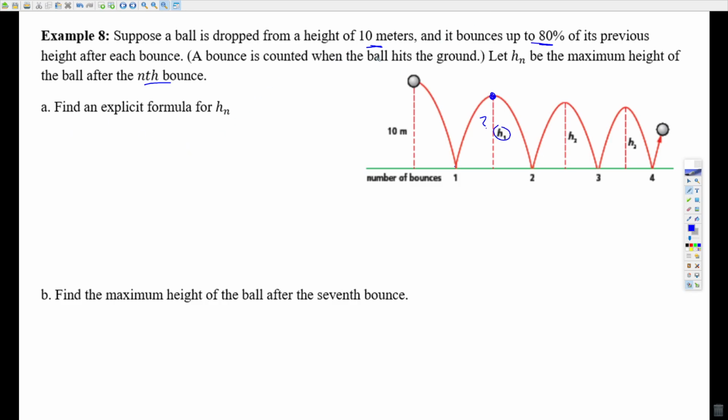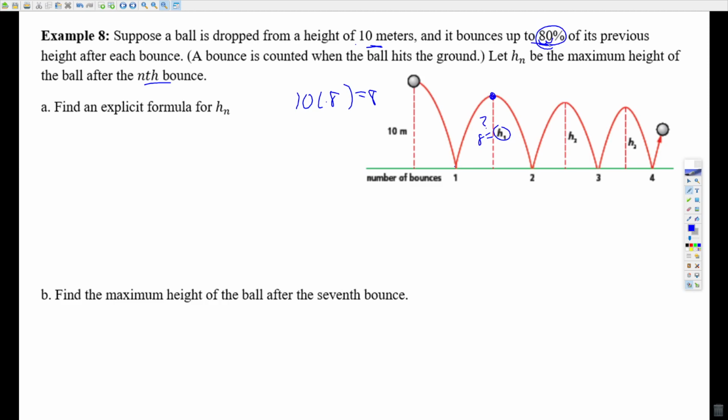And how do you do that? Well, if it bounces up to 80%, we have to figure out what 80% of 10 is. So we'll do 10 times 0.8. Remember, move the decimal over 2 times. So this would be our h sub 1, which is just 8. So now we know that h sub 1 is 8.